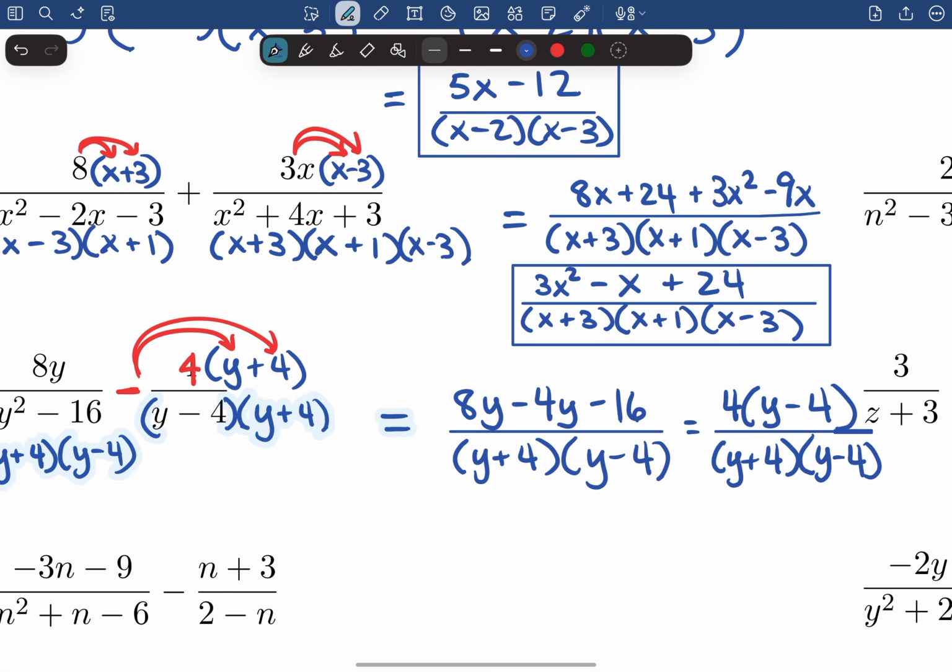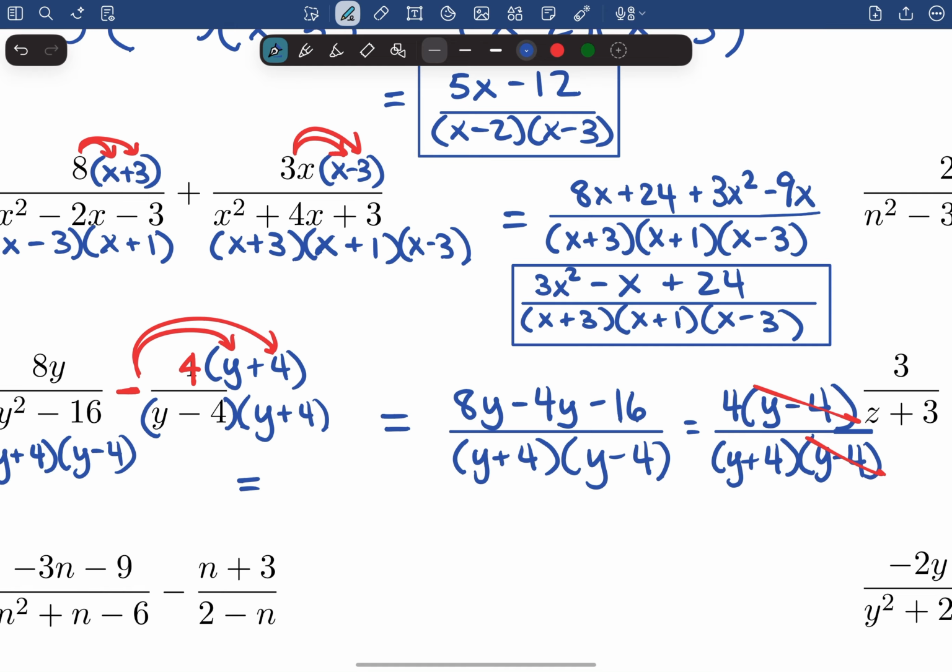Because think about that. If I distributed this back in, 4y minus 16, that's what it would be. So I factored out the GCF of 4. And why would I want to do that? Because I want to see if there are any factors that cancel on top and bottom. In fact, this y minus 4 cancels that y minus 4. And so I've been able to simplify it even further.